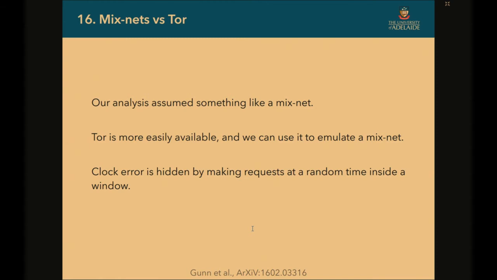So you have to add some randomization, and in our expanded paper, we explain a bit how we've done this. But the idea is basically you set a time window and everyone makes a request at a random time in that window.